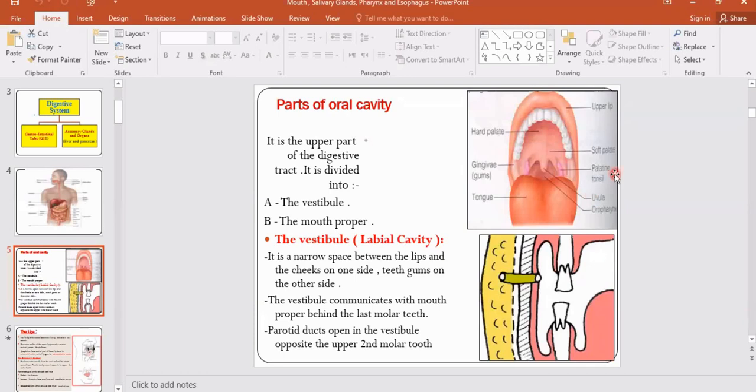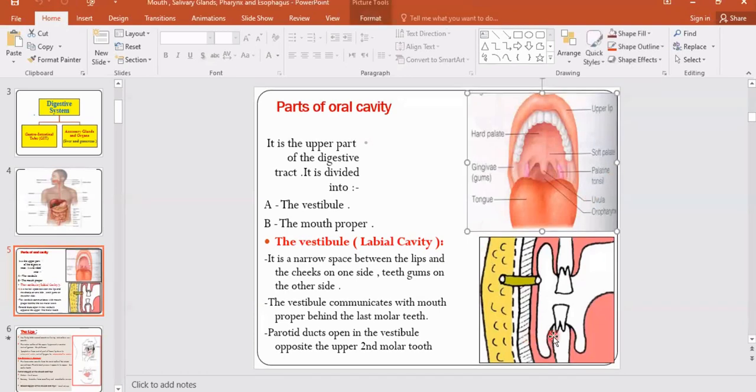If you put a brush, you can see the lips anteriorly, the cheeks on the side, and the lips on the interior aspect. This is your vestibule. An important structure that opens in this vestibule area is the salivary gland called the parotid gland. The duct of the parotid gland opens in this vestibule.